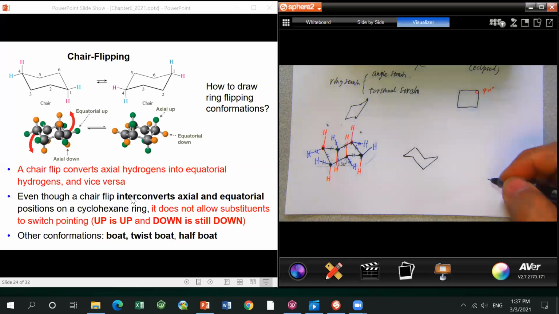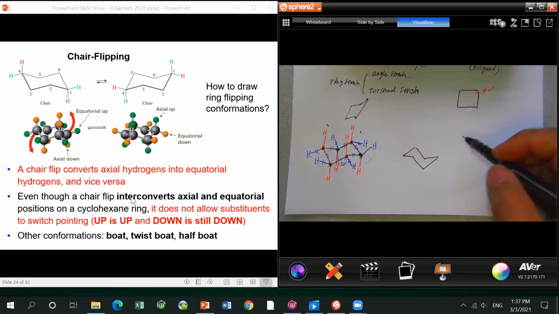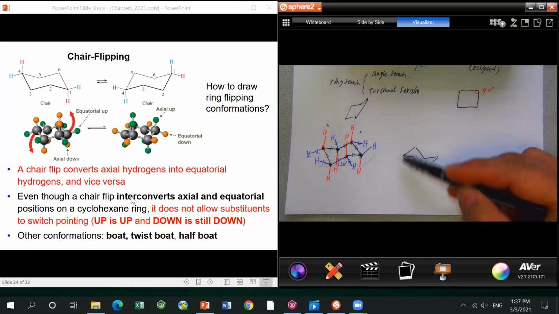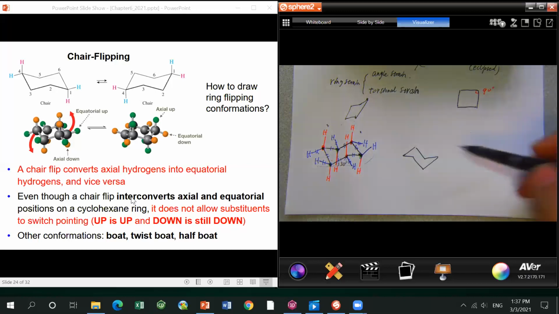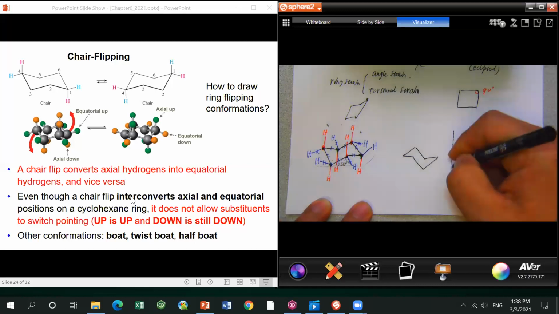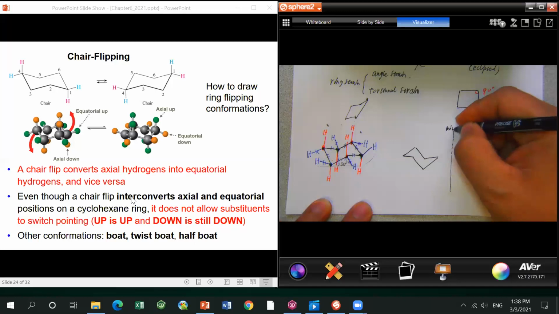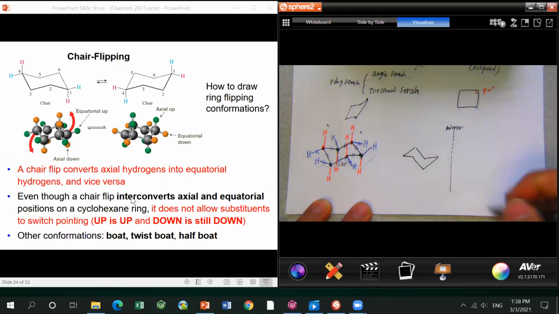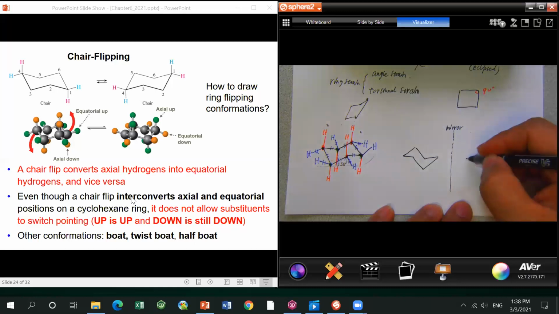First, you need to draw the basic carbon framework for one chair conformation. Yeah, this is one. Then second, you take a mirror image of this structure. What does that mean? You just assume there's a mirror in the middle, and then you reflect. It should look like this.